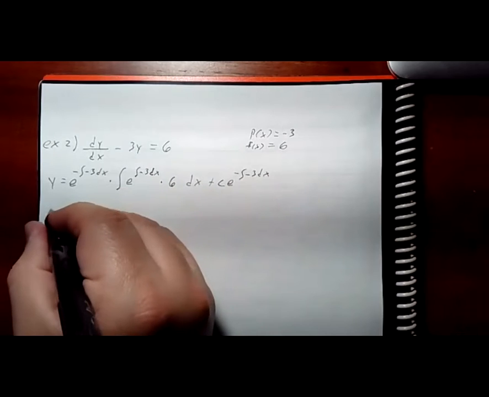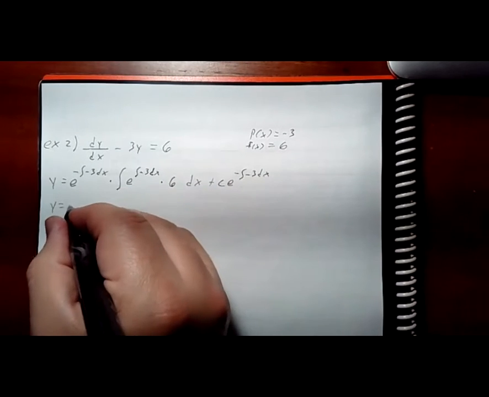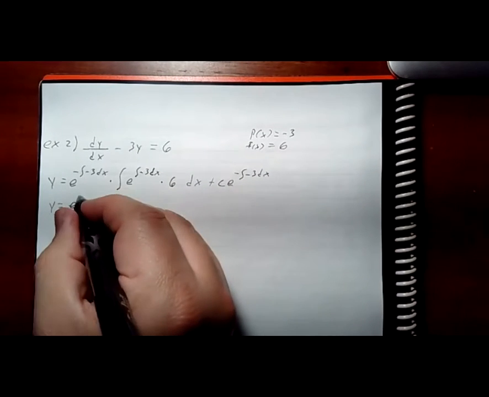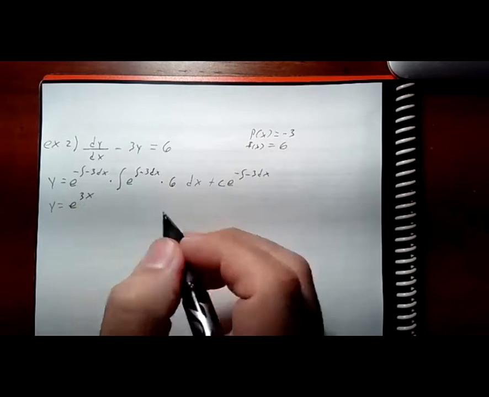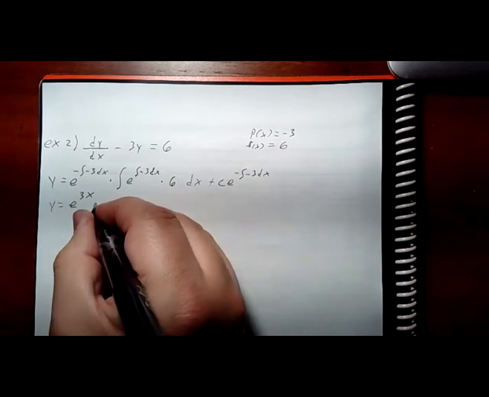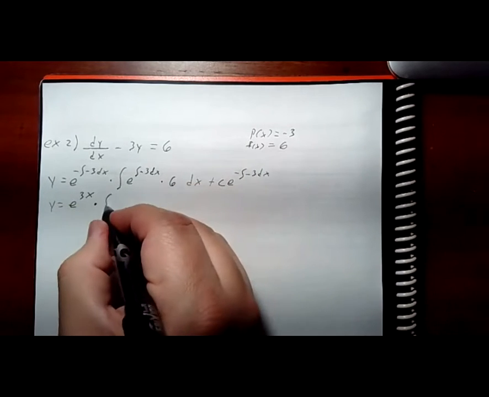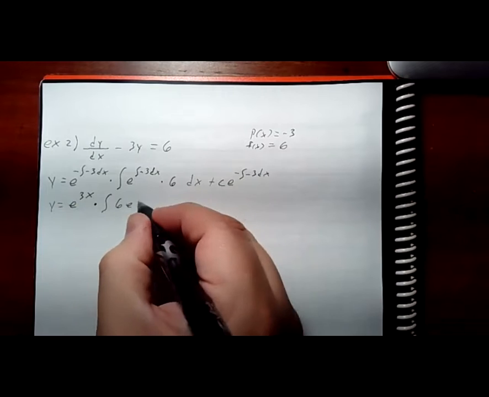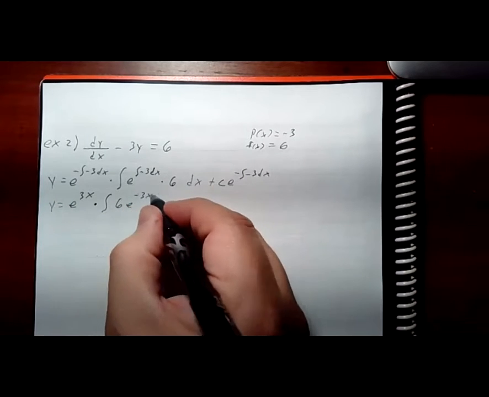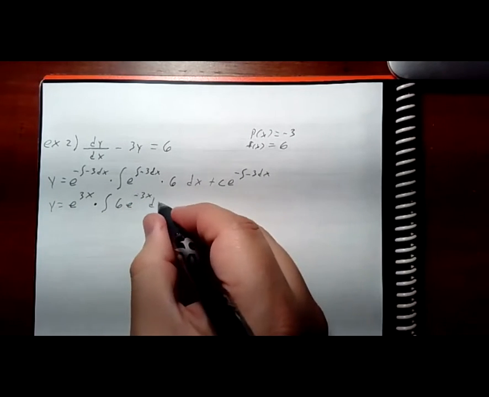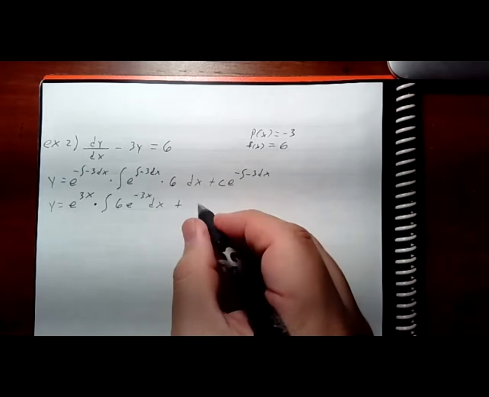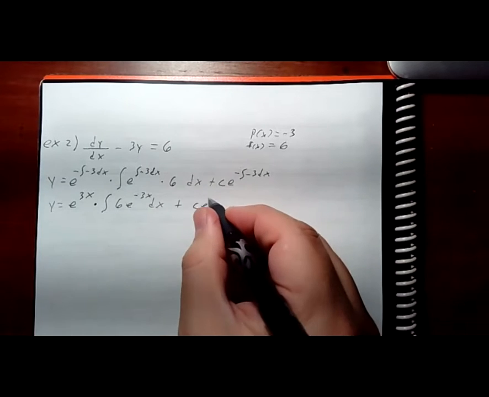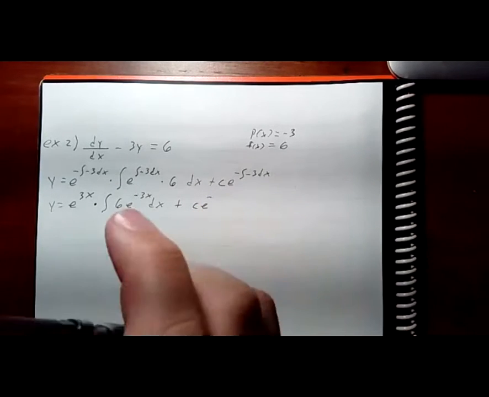So this will be y equals e to the 3x, right, times the integral of 6e to the negative 3x dx, plus, and we did that earlier, c e to the positive 3x, sorry.